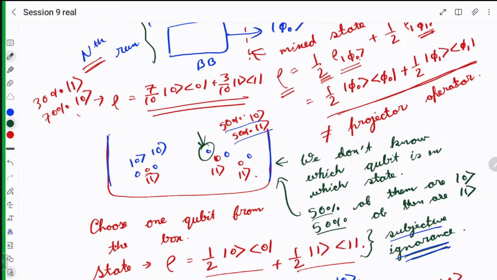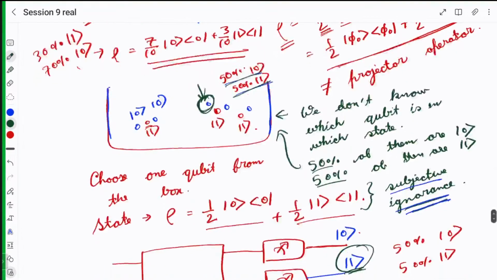But whether that gas molecule is moving with exactly velocity v or v1, that we don't know. So in a similar way, when we have a collection of electrons in the box and we don't know which electron is in which state, then it is my ignorance. So basically, I don't know whether it is in 0 or 1, and that's why I am getting a mixed state like this.